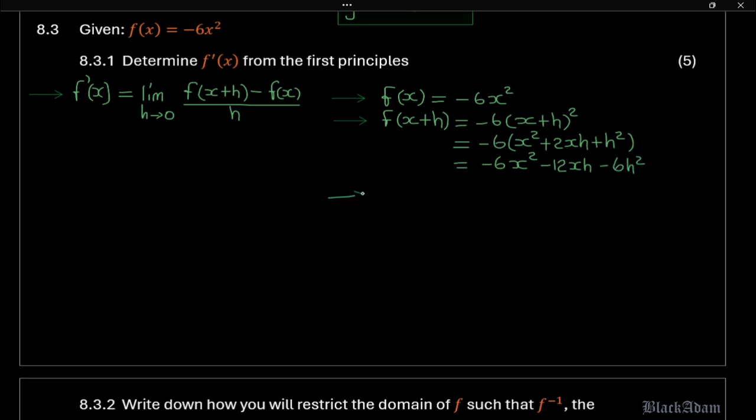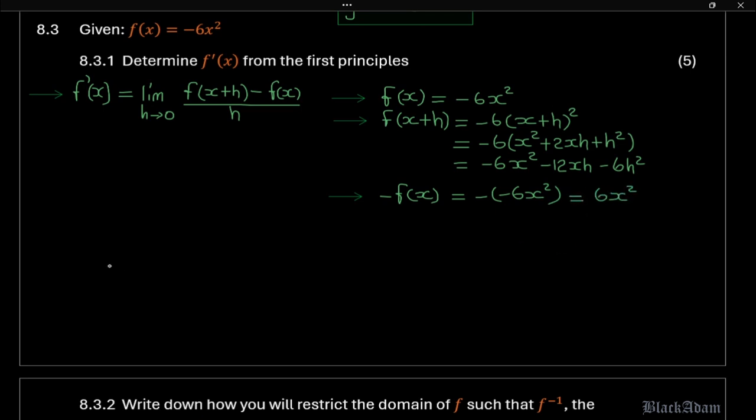Next we find the negative of the function expression, so it's negative bracket negative 6x squared, so the sign changes to positive 6x squared.